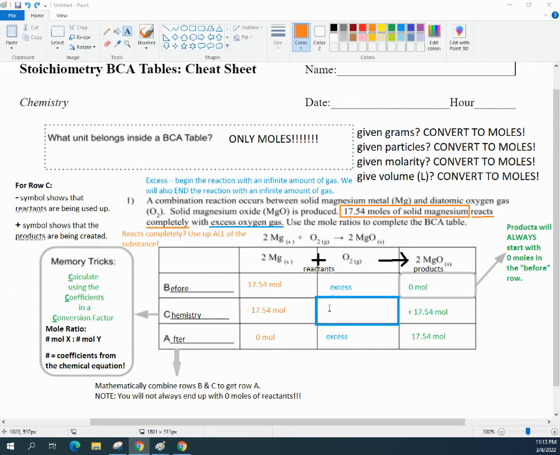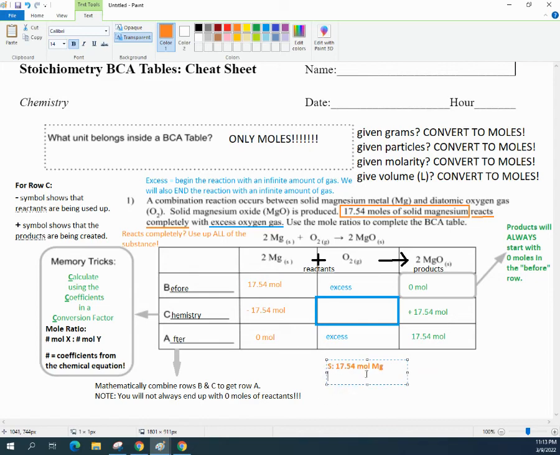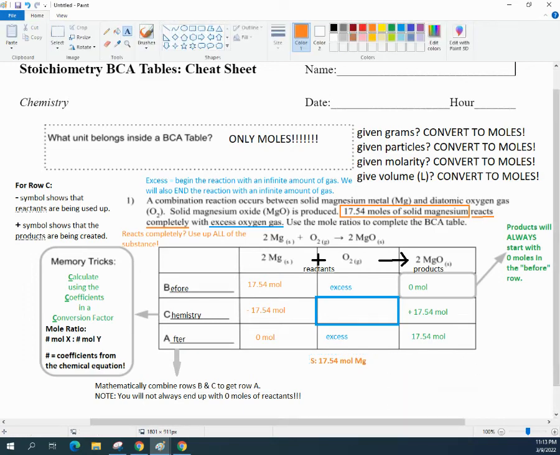So we are trying to figure out moles of oxygen, but we were given moles of magnesium. So we're going to be using what was given to us in the formula. So I have 17.54 moles of magnesium. That is my starting value. All right.